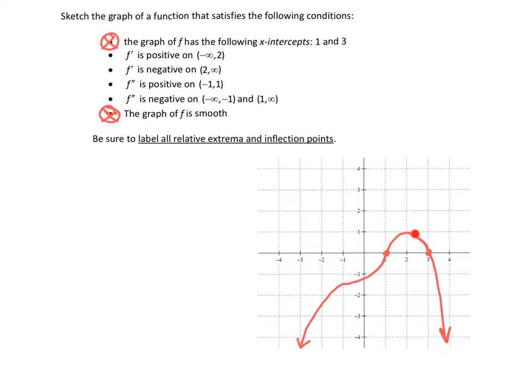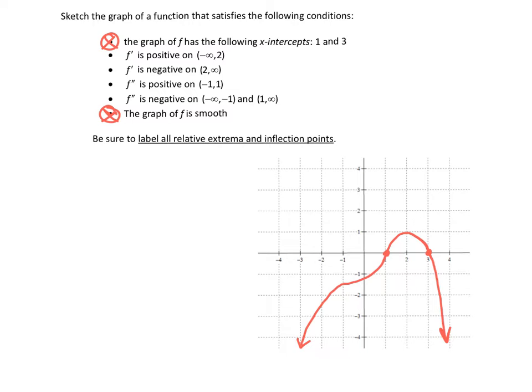So that means the graph from left to right will be decreasing. F double prime is positive from -1 to 1. That means it is concave up here to here. And it is concave down to the left of -1, and it is also concave down to the right of 1. The graph is smooth.